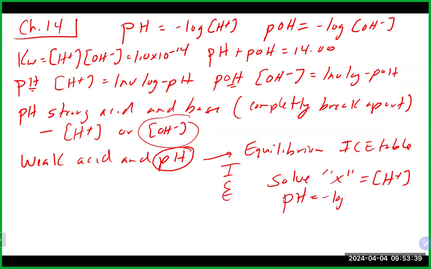We can solve these ICE tables like any other equilibrium problems. You can either make your assumption or do the quadratic, but you'll get that x value. And typically that's what you're looking for, the pH of the solution.